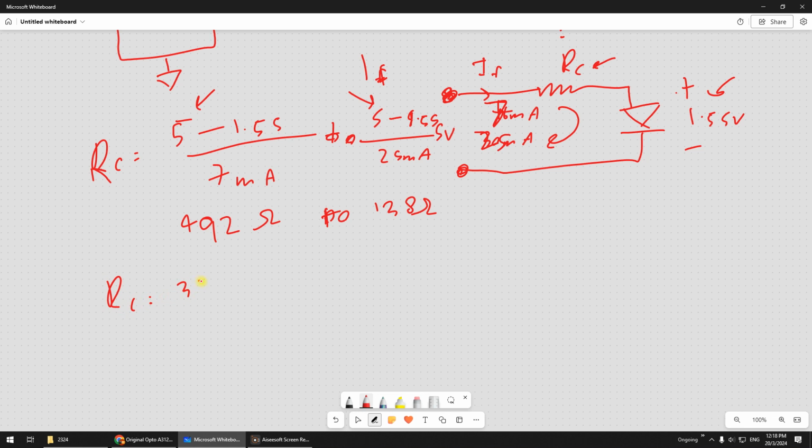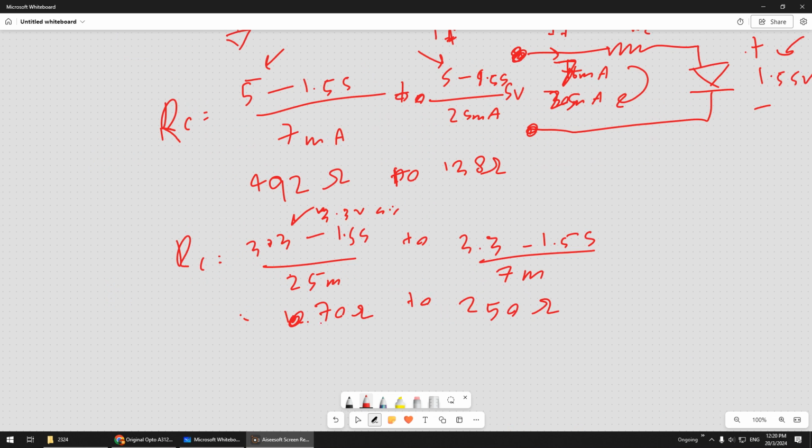RC is 3.3 minus 1.55, divided by 25 milli, and 3.3 minus 1.55 divided by 7 milli. So you get the range of the resistance for the 3.3 volt system.